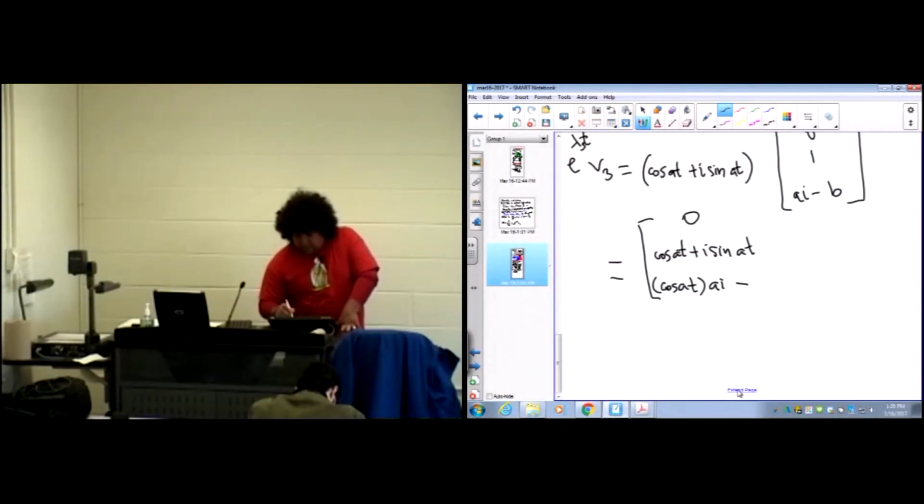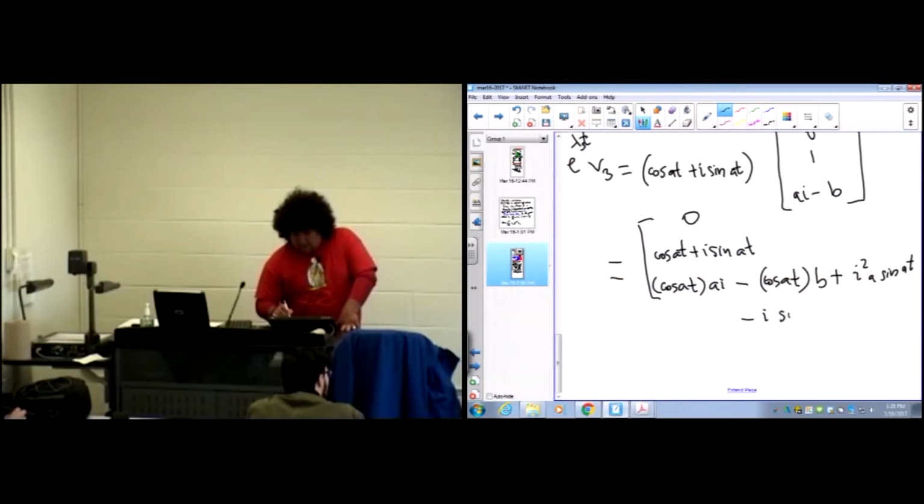So the first entry is 0, the second entry is cos plus i sine, and the last entry requires a little more simplification. Let's see if we can simplify a little bit.